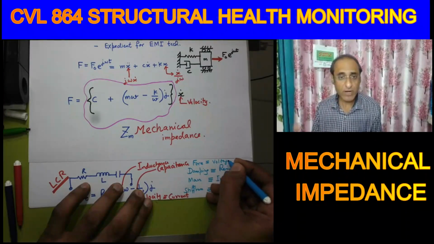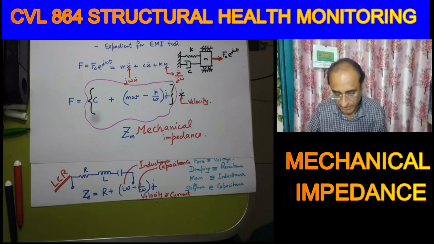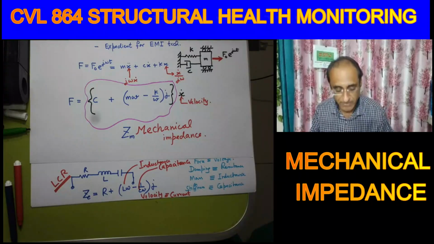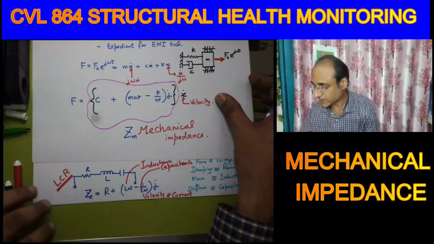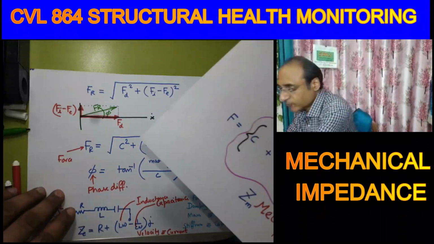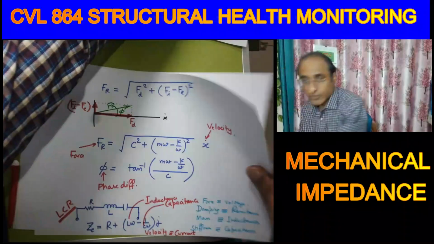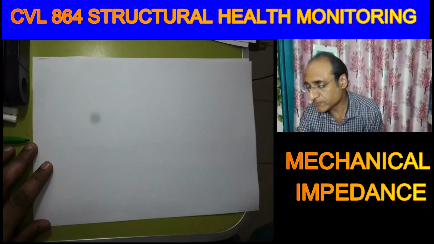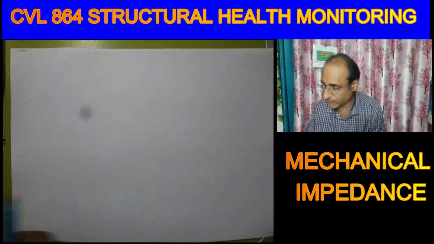Now, what is the advantage of this concept? Let me tell you why this concept is advantageous. Many things are highly simplified by the impedance concept. So before that, let's define formally what is impedance. What you have seen so far is that for a single degree of freedom system, we can write the expression for impedance as follows.